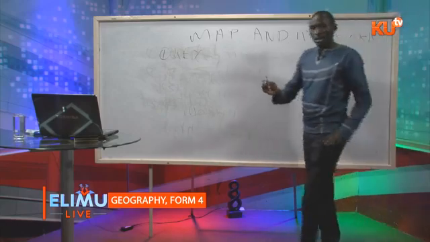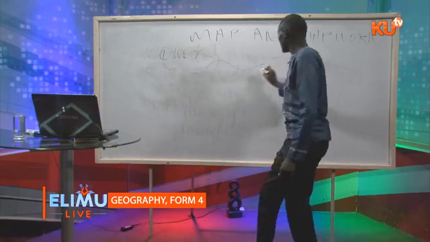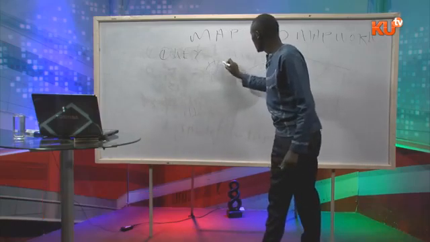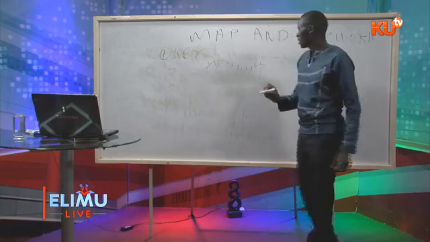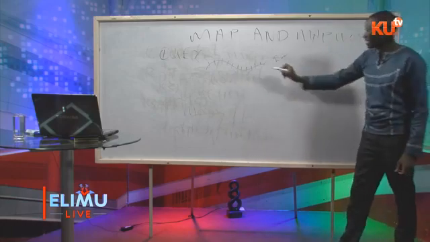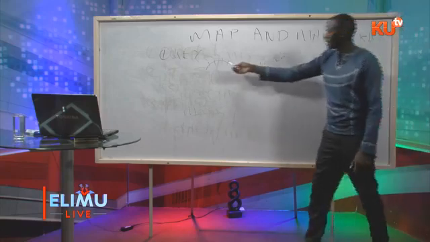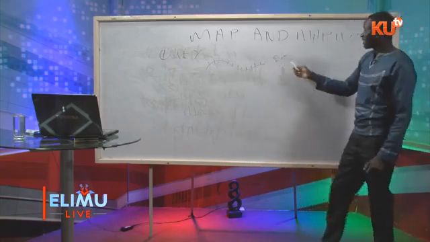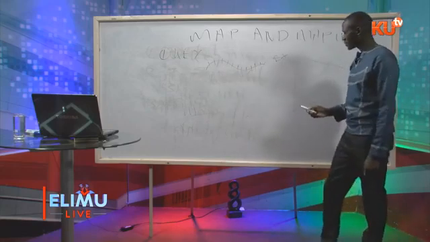For example, from your atlas, you have seen when a line is drawn and it is crossed by small lines at an interval. This will show that this is a railway line. So when you see this sign, you already know that this is a railway line crossing an area.